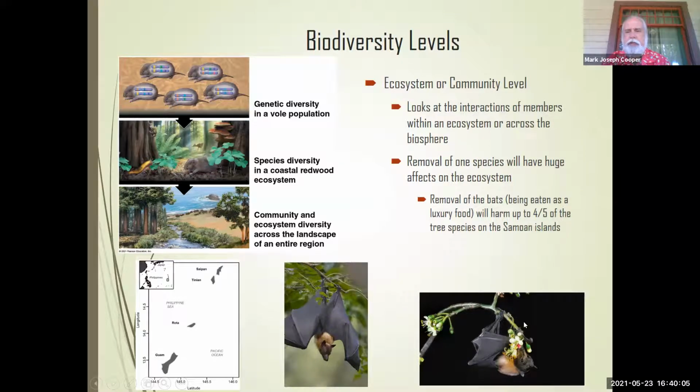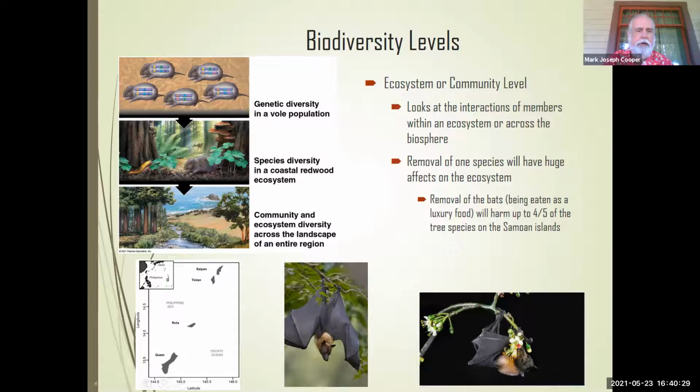So the example they used in the book was this guy right here, and this is a fruit bat. And so they eat fruit and they are disappearing. They're actually being eaten. It turns out they're a luxury food. They're a gourmet item at the restaurants. And unfortunately, these guys are starting to disappear.